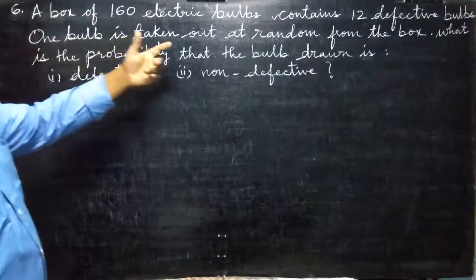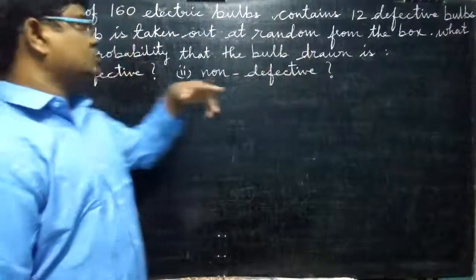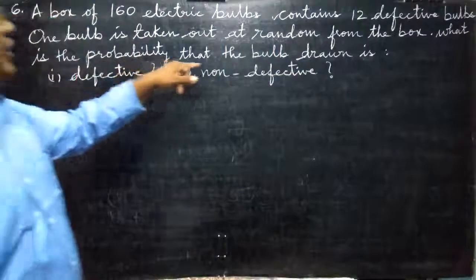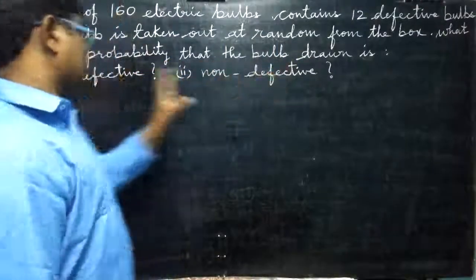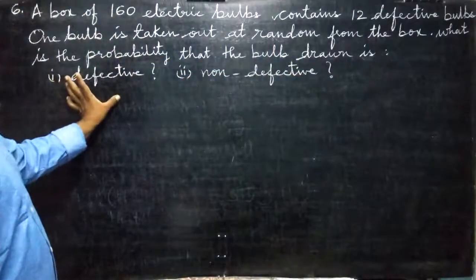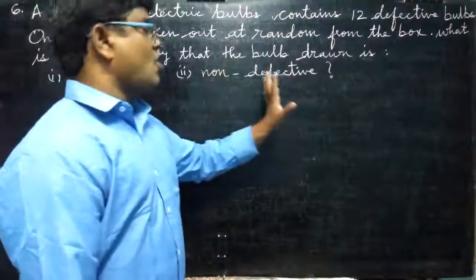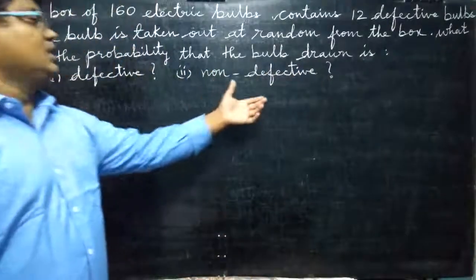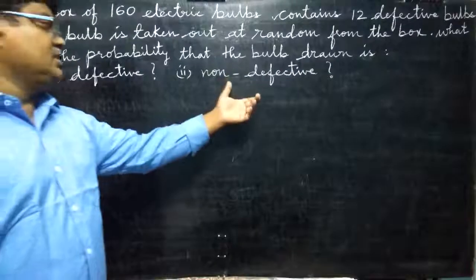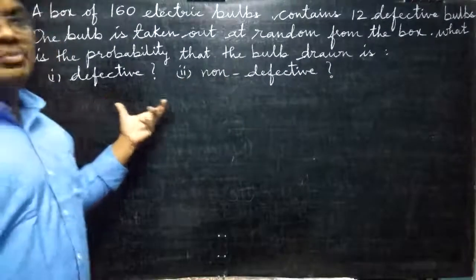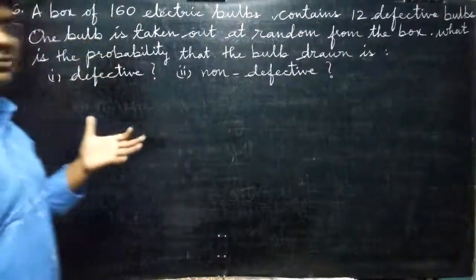One bulb is taken out at random from the box. What is the probability that the bulb drawn is, first bit, defective, second one, non-defective, meaning good ones which are working. Defective means not working. Are you able to follow?